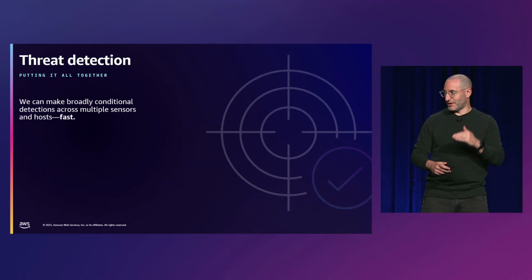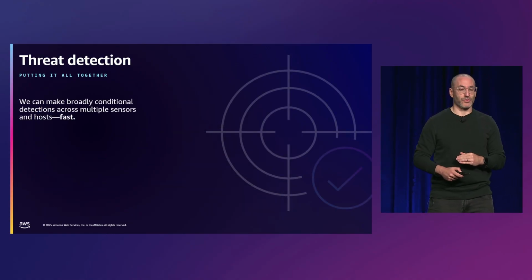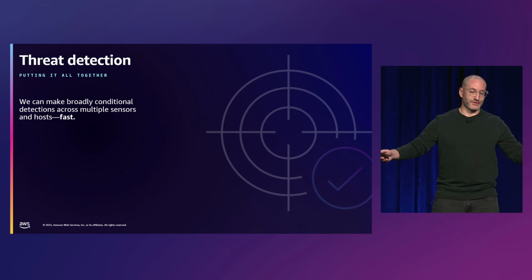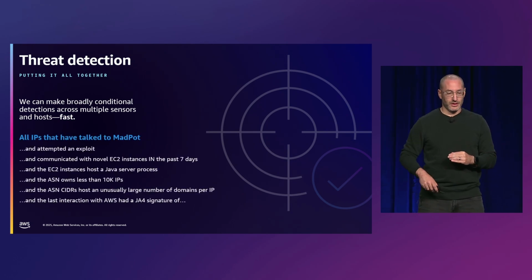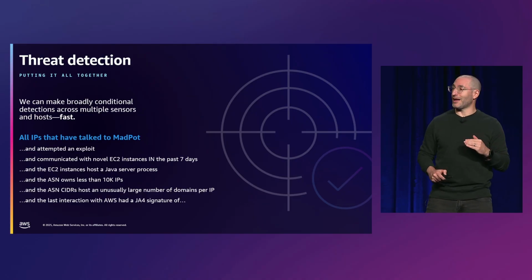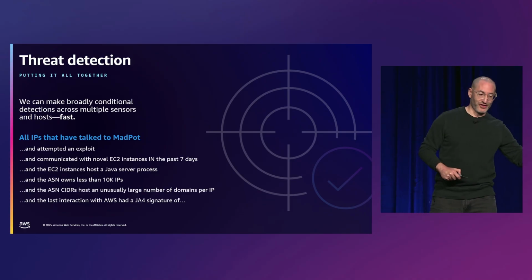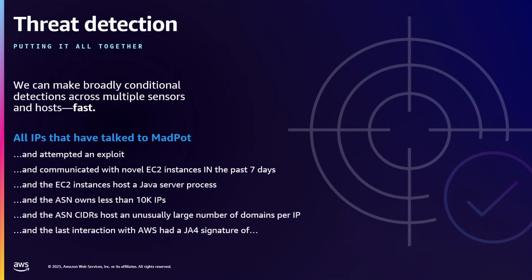And so using this pyramid of stacked data, we can make these really broadly conditional detections across multiple sensors and do it super fast. So we can look at, hey, everybody that's talked to MadPot, that's attempted an exploit against a Java process from an ASN that is really tiny, that doesn't usually talk to us, and so on and so forth.